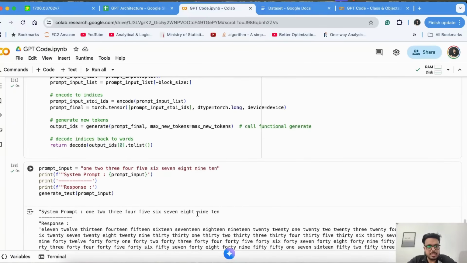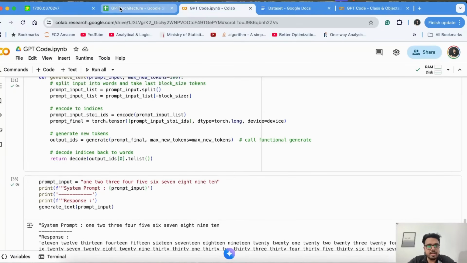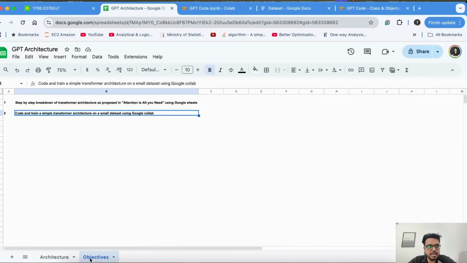So that's it. I think with this we conclude the second objective, which is to code and train a simple transformer architecture on a small dataset using Google Colab.